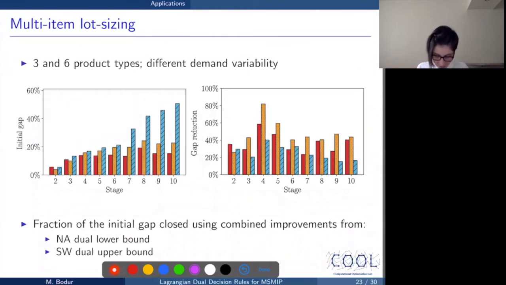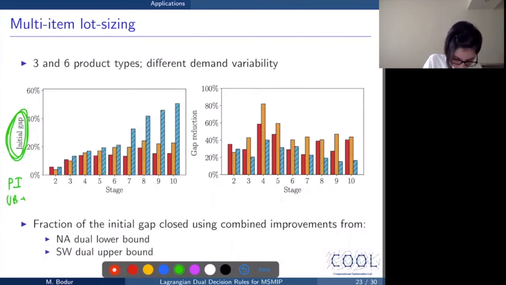All right, so my first set of examples are from this famous lot sizing problem. Again, I'm not going to get into any details. I just want to show you some bounds and especially some gap reductions on these bounds. So here on the left figure, what we will call in the upcoming results as well the initial gap is the gap between our perfect information lower bound and the upper bound, which comes from this conditional expected value type of an upper bounding heuristic.